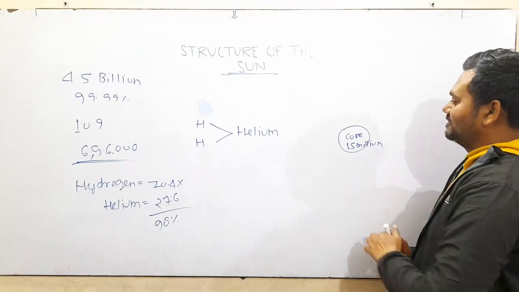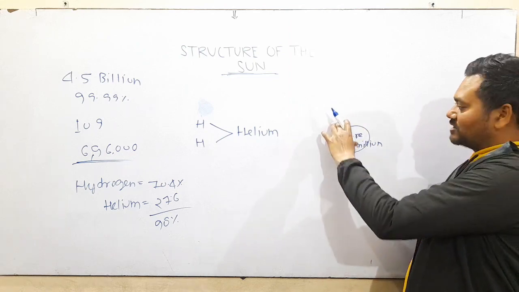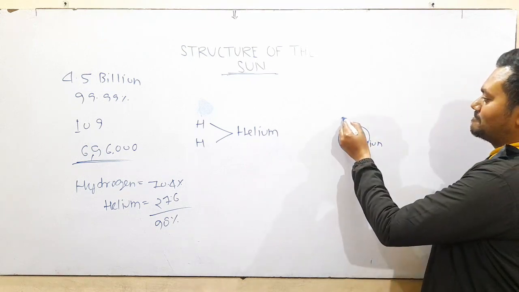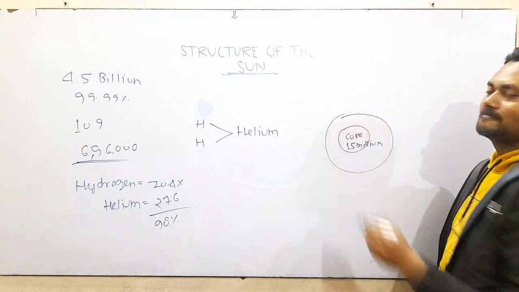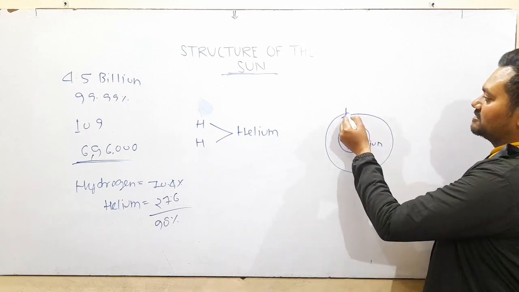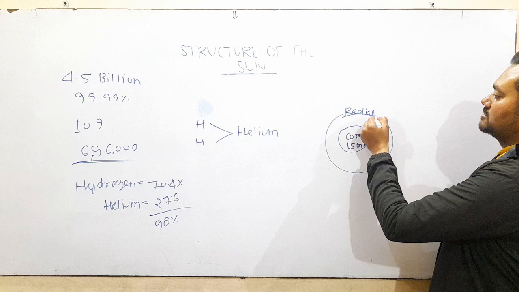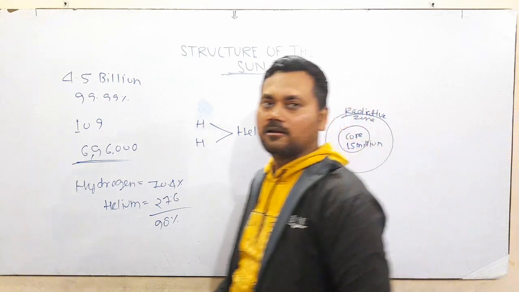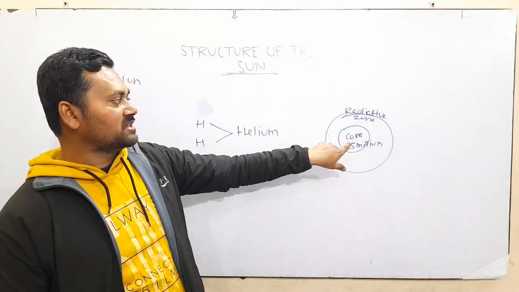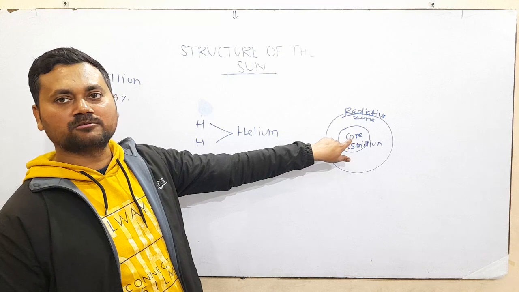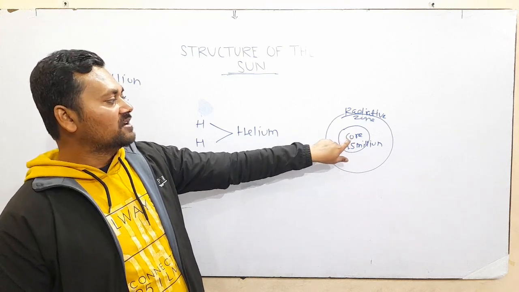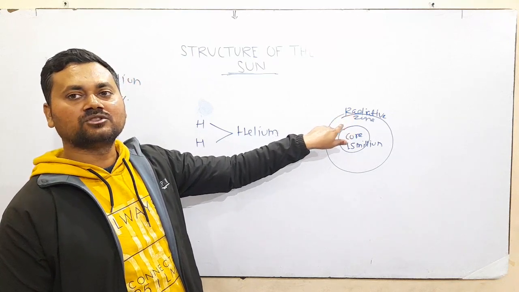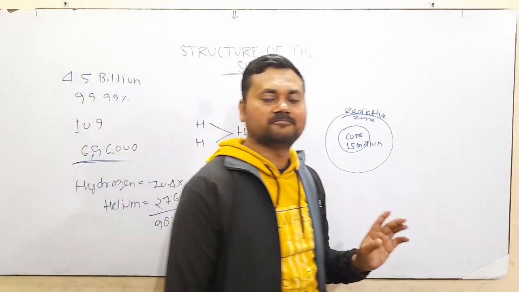As you go forward from the core, you come across the second layer, and that is called the radiative zone. The energy formed in the core through nuclear fusion reaches the radiative zone through the process called radiation.